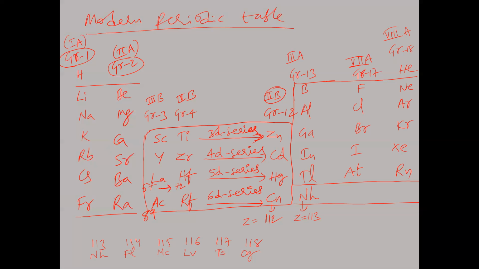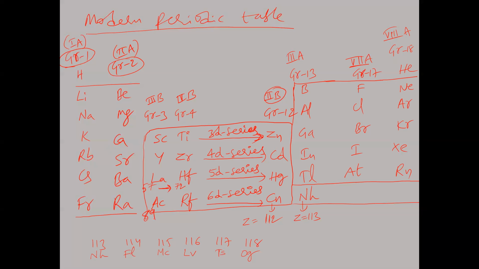Those 14 elements, atomic number 58 to 71, are taken as F block elements, because in those elements the differentiating electron enters the F orbitals. Therefore, they are called F block elements. They are also called inner transition elements.